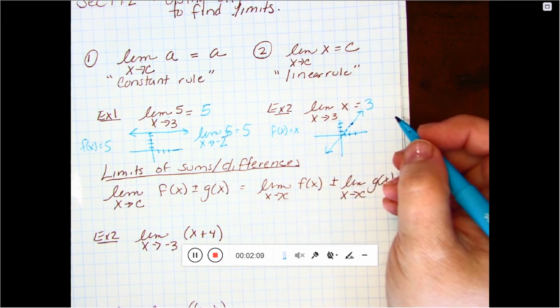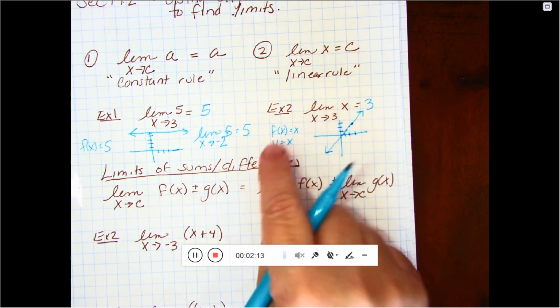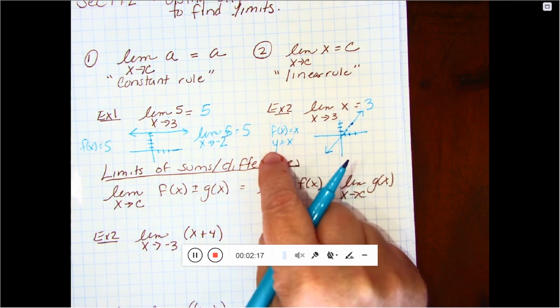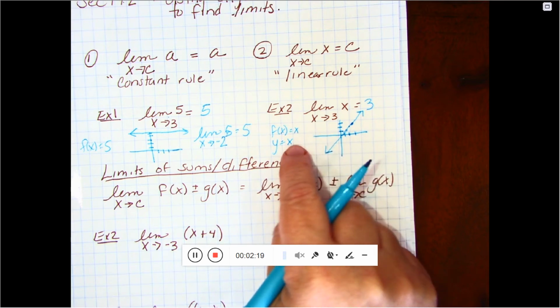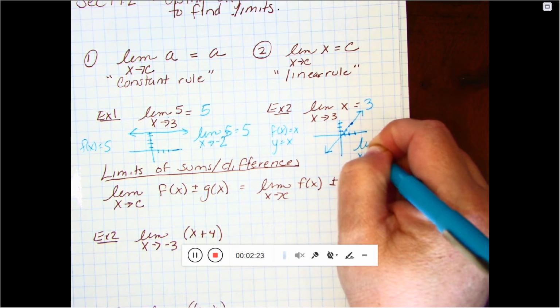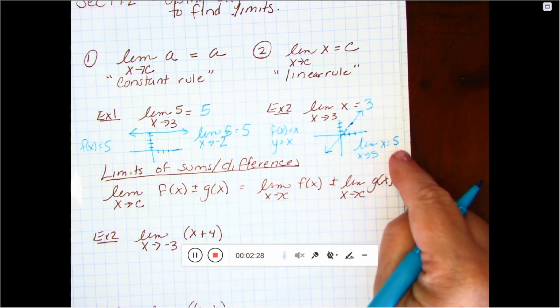So it's 3, because it's the function f of x, or y, equals x. So x and y are equal to each other. So as x approaches 3, y is going to approach 3. So what would the limit as x approaches 5 of x be? Well, it would be 5, because it's going to go through the point 5, 5.